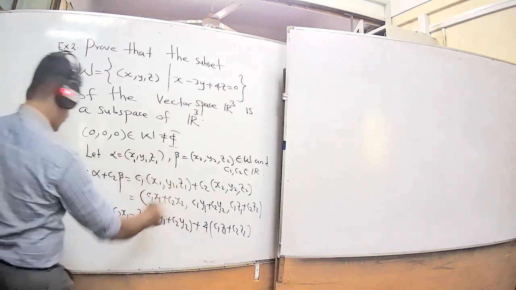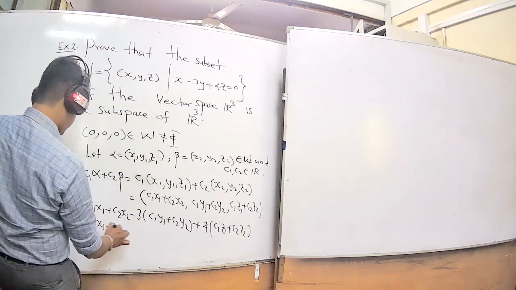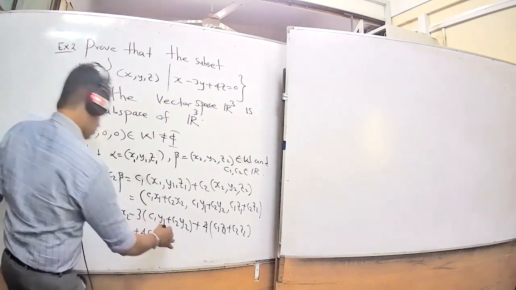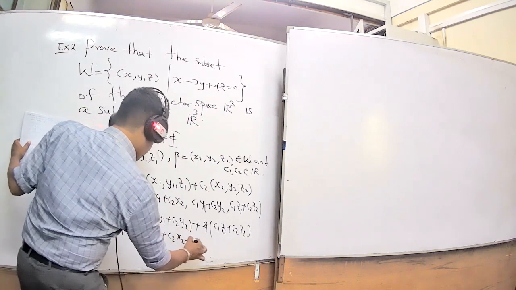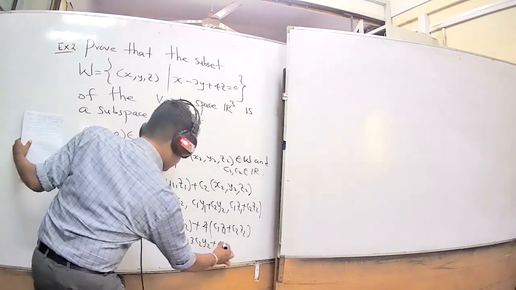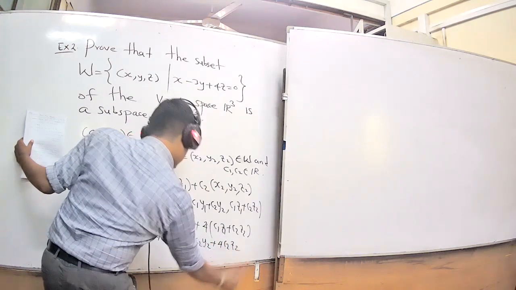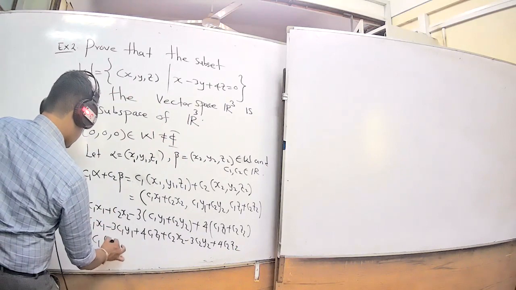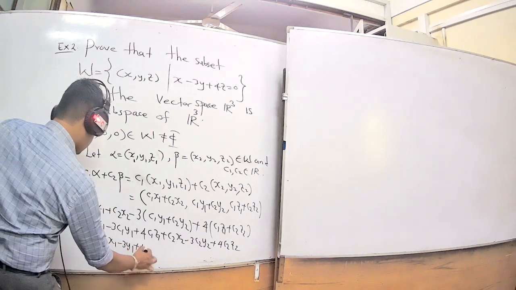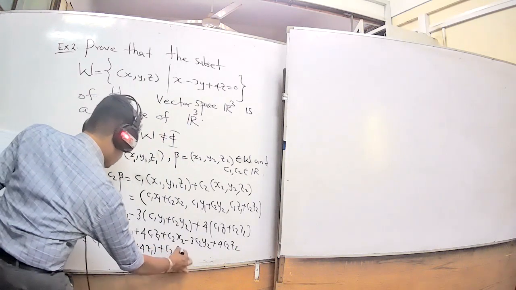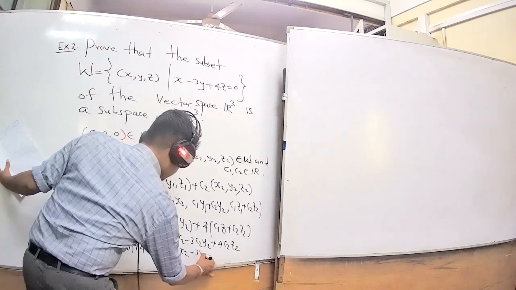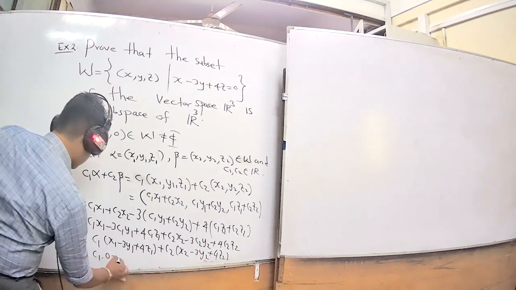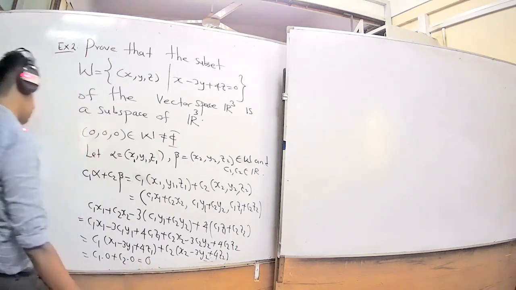So we can write c1 x1 minus 3 c1 y1 plus 4 c1 z1, plus c2 x2 minus 3 c2 y2 plus 4 c2 z2. You can take c1 common: c1 times x1 minus 3y1 plus 4z1, plus c2 times x2 minus 3y2 plus 4z2. So it is c1 times 0 plus c2 times 0, therefore altogether 0.